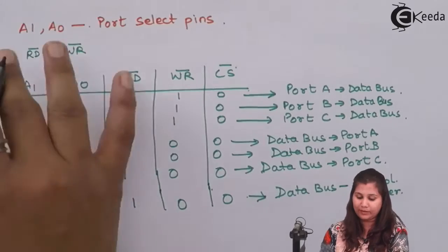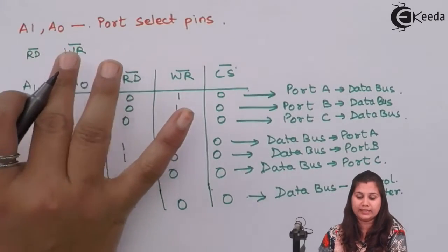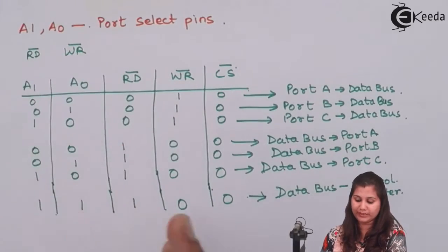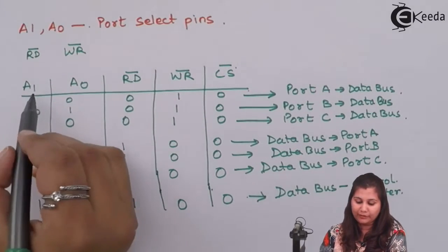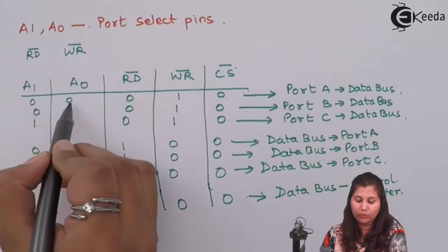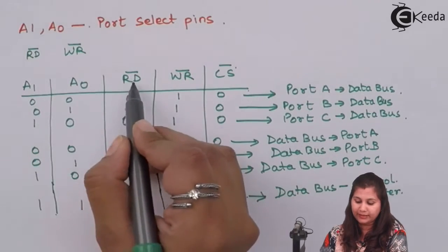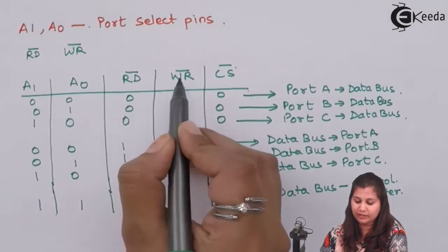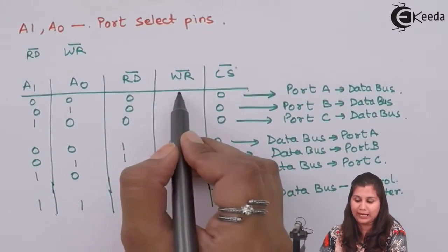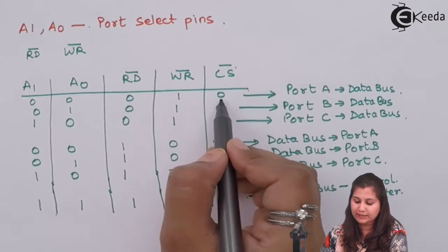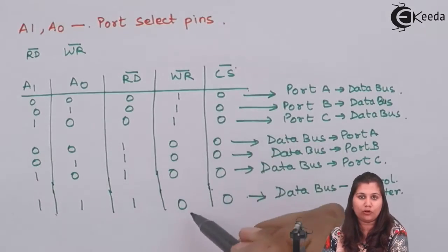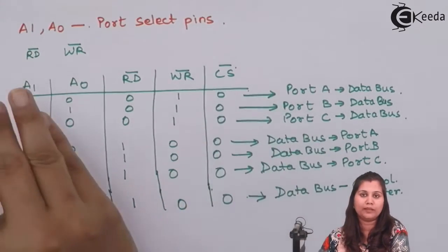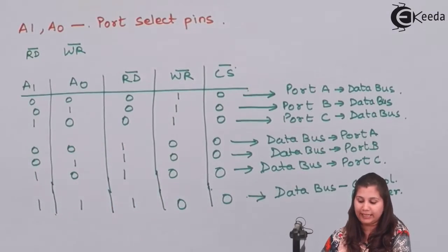As I have said, A1, A0 and read and write, these 4 pins are going to decide which port is going to be selected. So when the value of A1 and A0 both is 0, and the read pin is 0, meaning it is activated, write is 1, meaning it's not activated, and chip select signal has to be 0 for all the operations, then only the chip 8255 will be selected.